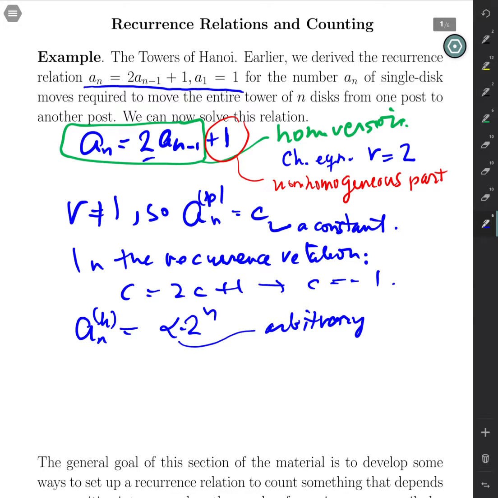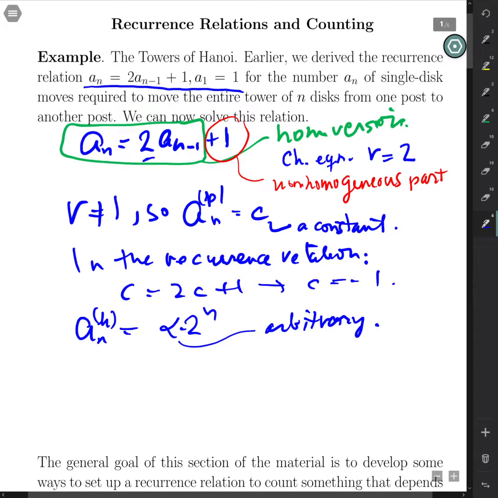Of course, we want a particular alpha that will satisfy the initial condition. But before that, let me write down the whole solution as a_n^h + a_n^p, which is alpha times 2^n minus 1, the two parts we found above. And now let's check the initial condition.